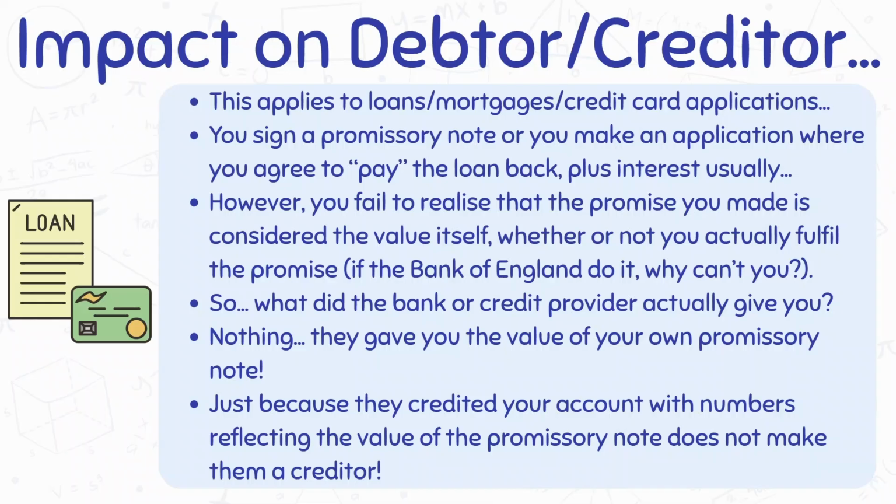They then credited your account. This is exactly how it works with Bank of England notes. If you have a £50 note and you take it to your bank and deposit it there, they will credit your account with £50. Why? Because you just handed over something of value to them, which they are obligated to credit into your account.